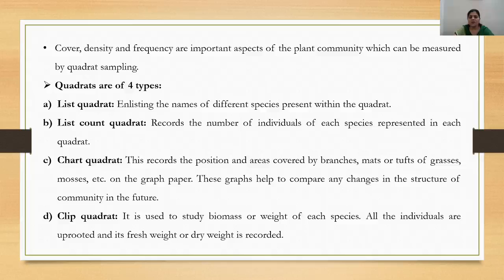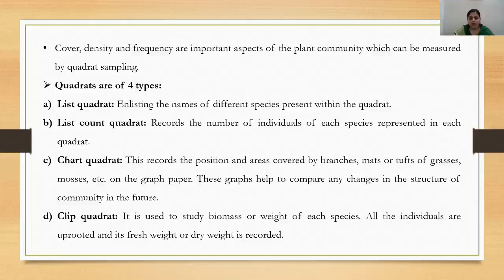The second method is the list count quadrat method. In this method, it records the number of individuals of each species represented in each quadrat. So depending upon the number of species which are present, in each quadrat the list and the number is counted. Then the third method is the chart quadrat method.